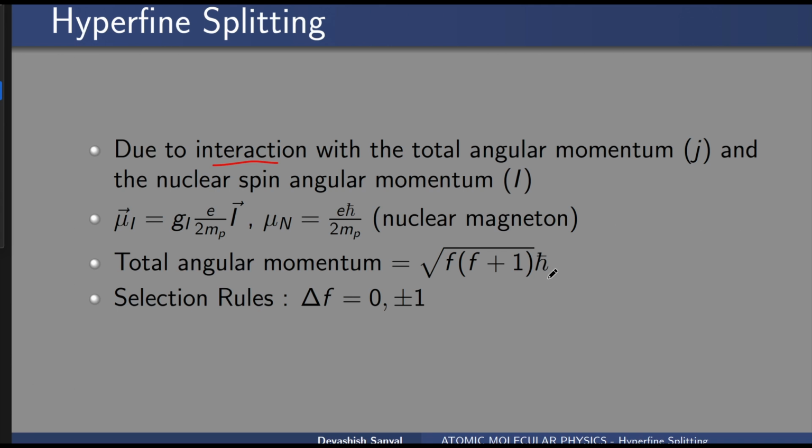And the selection rule in a situation which involves hyperfine splitting involves delta F, which is 0 or plus minus 1. So this is the selection rule.